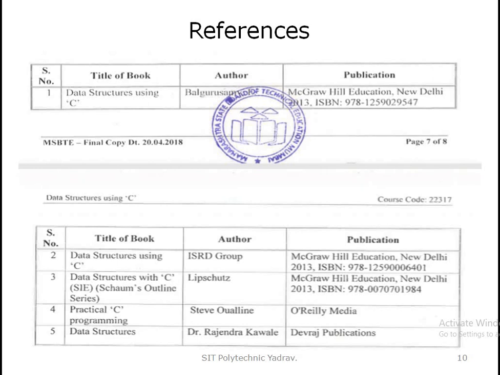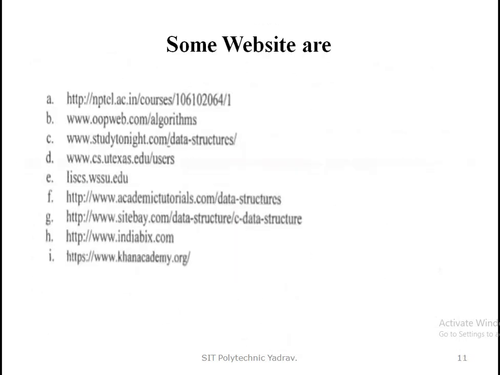Out of the 5 books, the second, Data Structure using C by ISRD Group, is good as compared to the others. You can see that. Next, some websites are shown below that you can also use to know the syllabus of our subject.